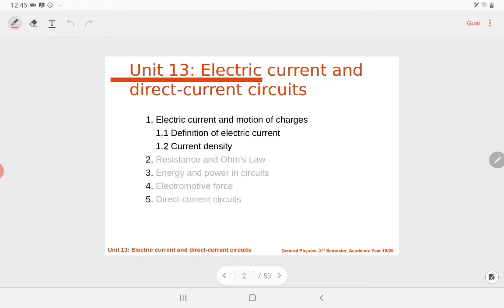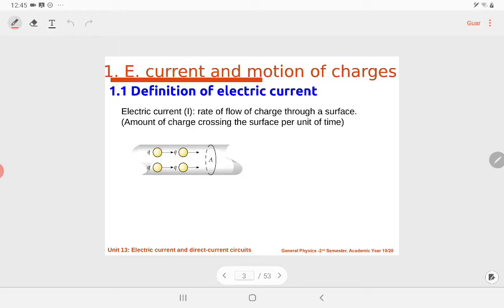So we begin by talking about the electric current, which is really a measure of the motion of charges inside a conductor. We will begin by defining it, and then we will define a very similar concept, which is the current density. So the definition of the electric current is as follows. It's the rate of flow of charges through a surface.